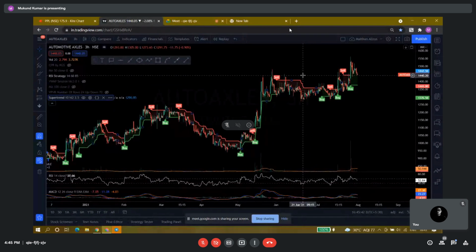These two or three chart structure setups, cup with handle or cup without handle, or double bottom, have the highest success probability in this market.